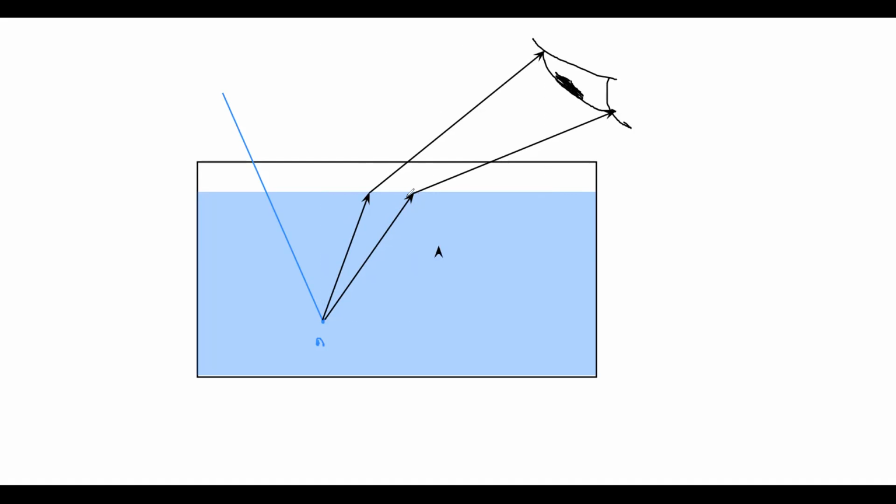So when our brain relocates the position, it appears that the tip is at this point. This is just our imagination. In reality, the tip does not bend. It is not reflecting, it is refracting. This is called refraction.